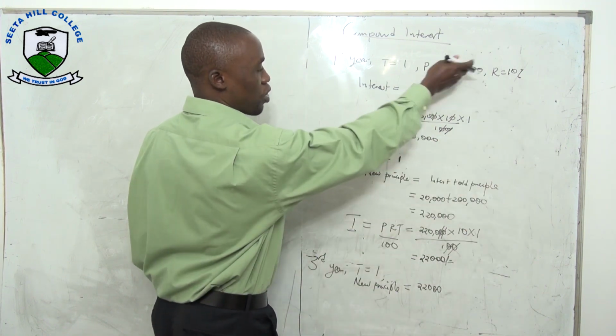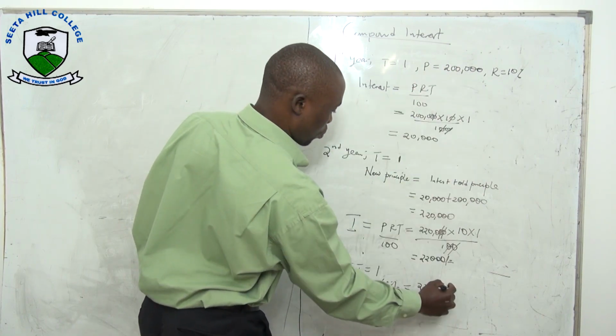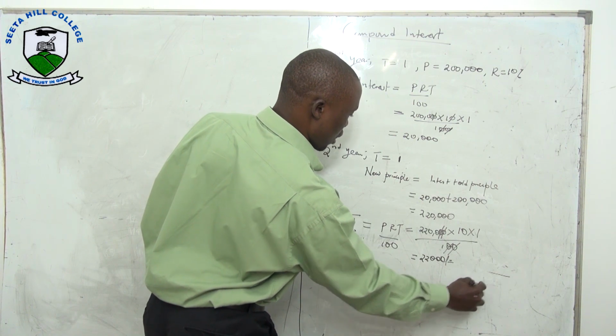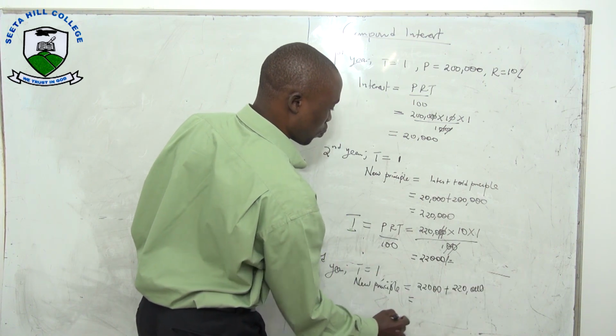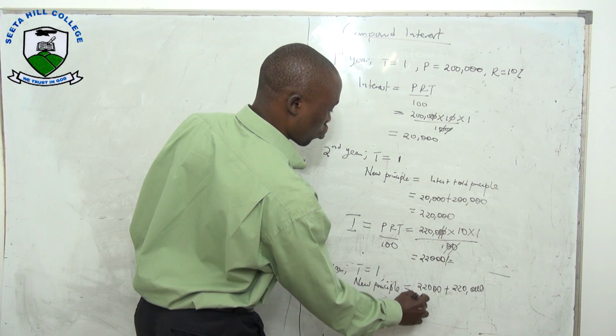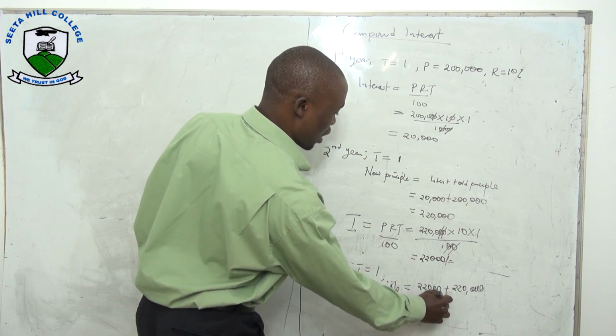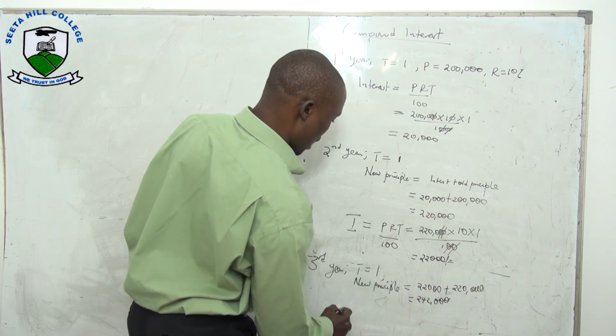You don't use the original. This one plus this, what do you get? 242,000 shillings.